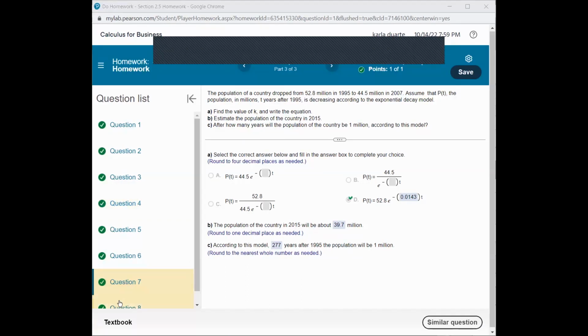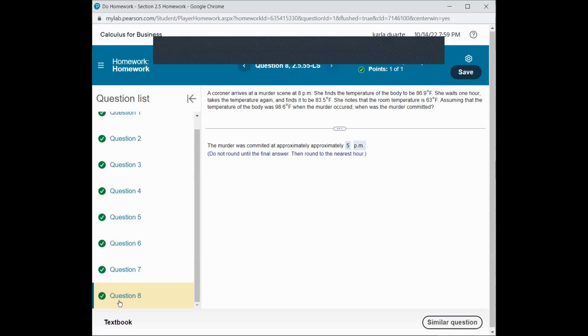Now, number 8 is kind of a different bird, okay? Because you have to know there's a variation on the formula, and I had to look up the formula, okay? But I gave you notes on it. Yes, you did. Except I think the last step, I didn't do the division with the T, but I gave you notes on that. So I'm just gonna take a minute here. I'm gonna save this.